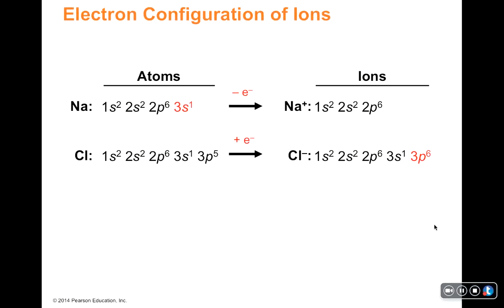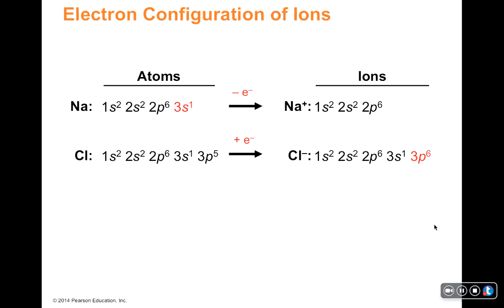Okay, we talked a little bit about knowing those charges. This gives a little bit more information as to why that's the case. If we look at electron configurations of ions, so here, for example, sodium and chlorine, we said sodium would want to lose an electron and form sodium with a +1 charge, and chlorine would want to gain an electron to form chlorine with a -1 charge.